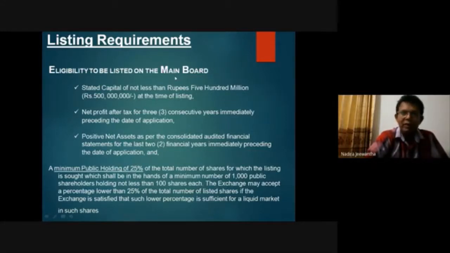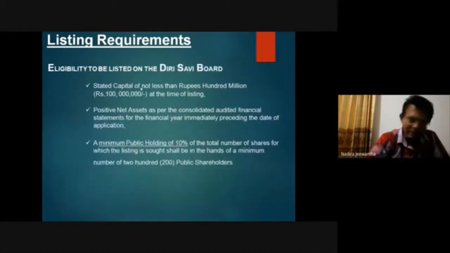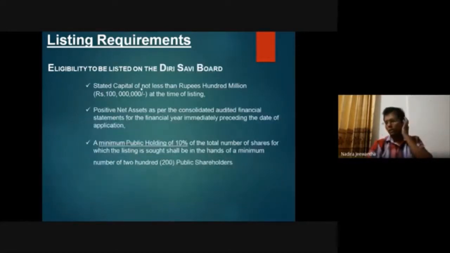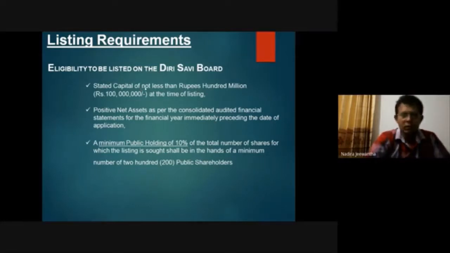We have learned many boards, right? Generally, if you want to list, these are the two boards. These are the requirements for you to satisfy for listing on the two boards. So keep in mind.